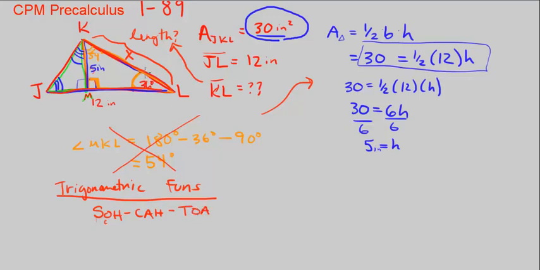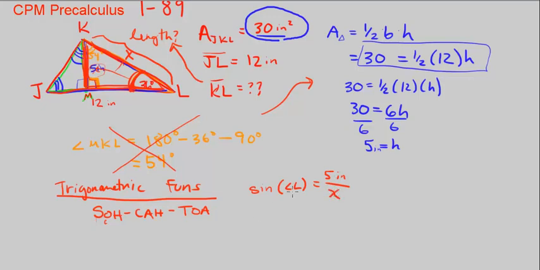Looking at angle L, sine of angle L is the opposite side, KM, or 5 inches, divided by the hypotenuse, which is our x.